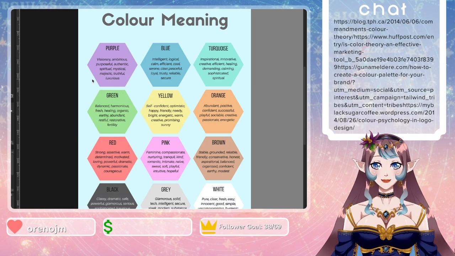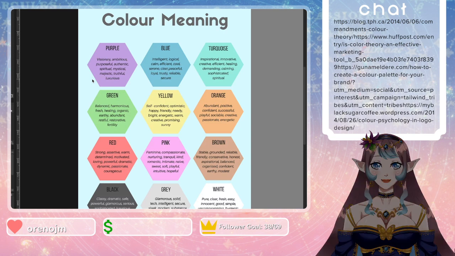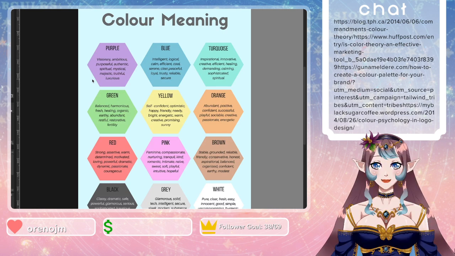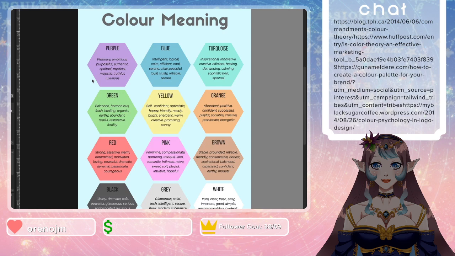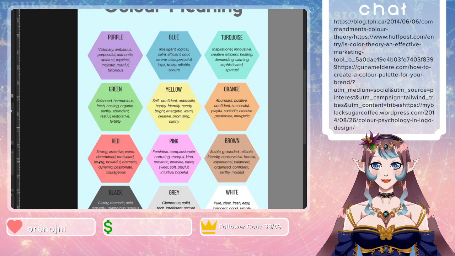I am totally butchering my words, let me slow down a bit. Creative, efficient, healing, calming, sophisticated. For sophisticated, you have blue like Tiffany blue, from Tiffany's, which is more towards turquoise. It's a nice color too.